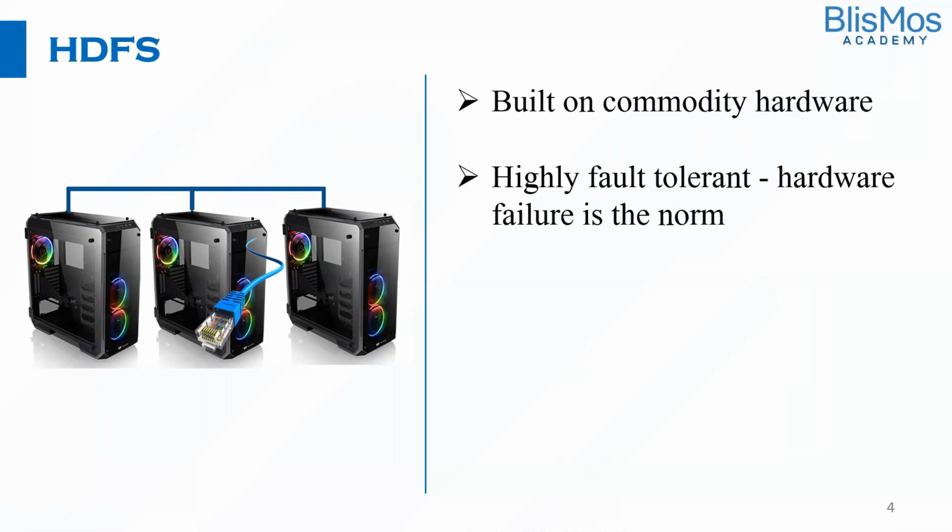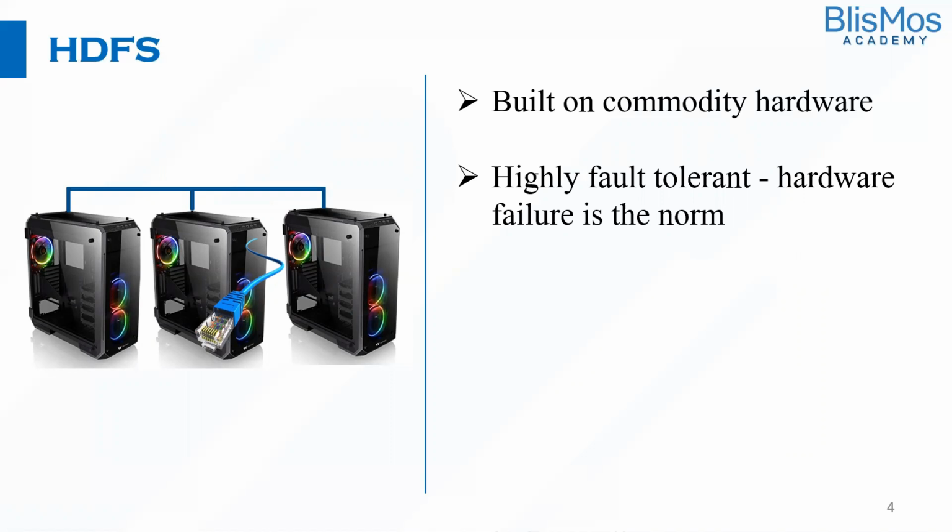The second thing is that it is highly fault tolerant. When we talk about data distributed across different systems in a cluster, assuming that some 1,000 systems are there, 1,000 CPUs, 1,000 commodity hardwares, don't you think there is a possibility that one or two systems may fail?